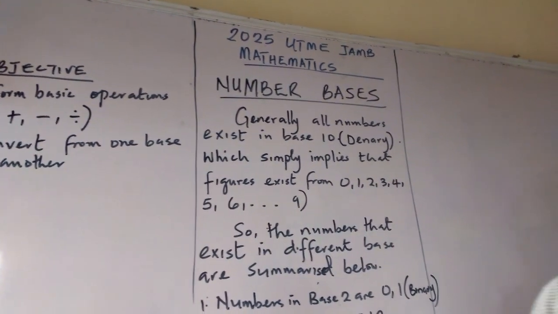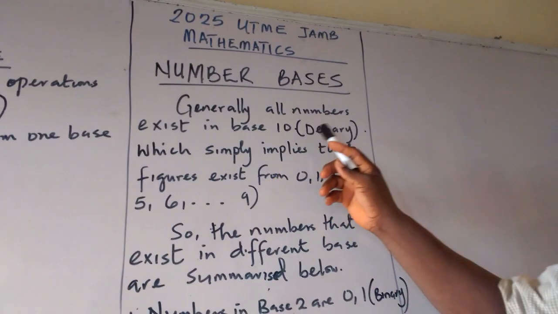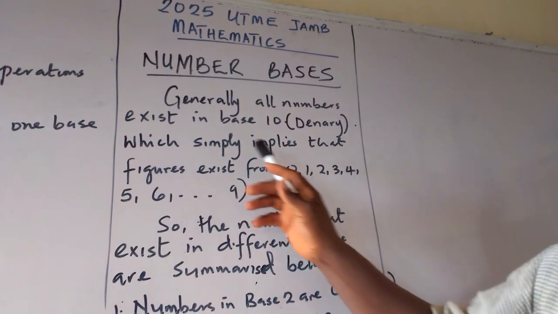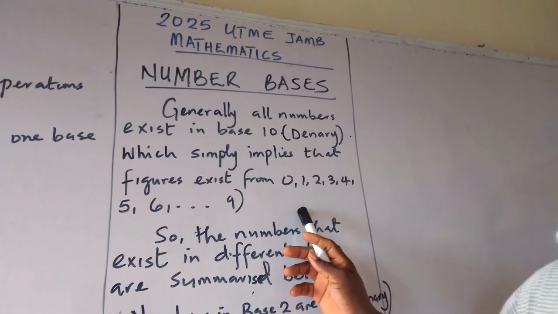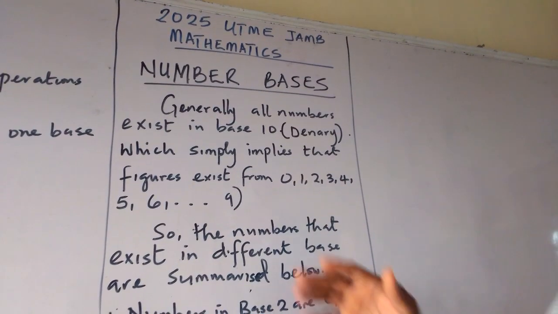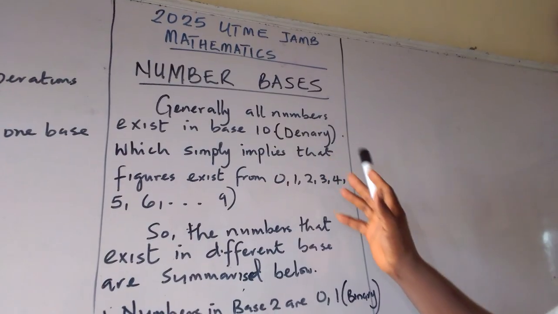That's our objective. Now, when we talk about number bases, generally every figure called a number in mathematics starts from 0 and ends at 9. By this explanation, I want to show how figures exist in terms of number bases.